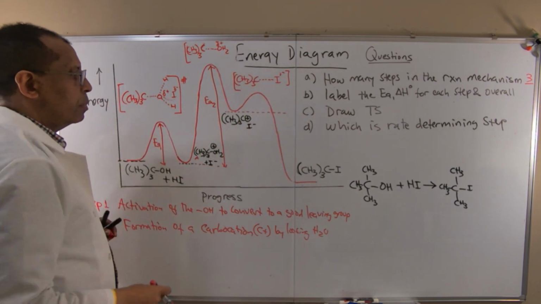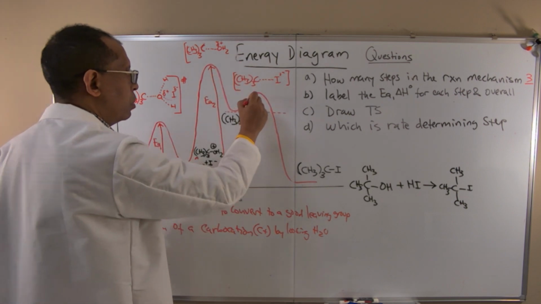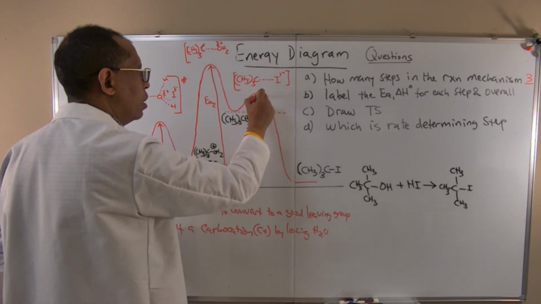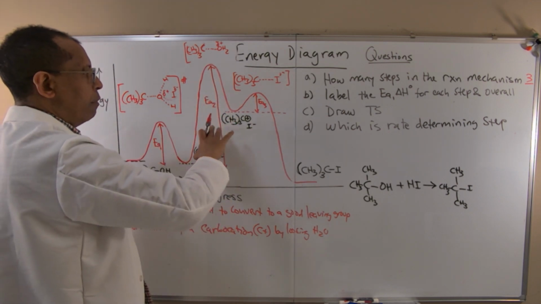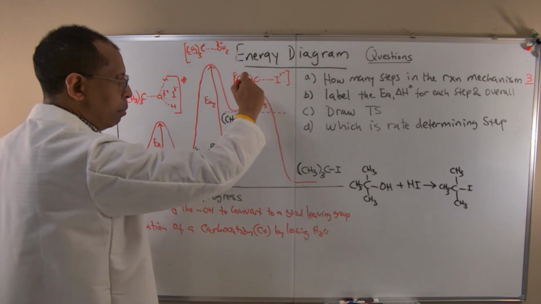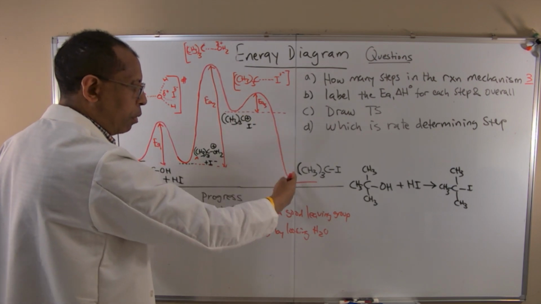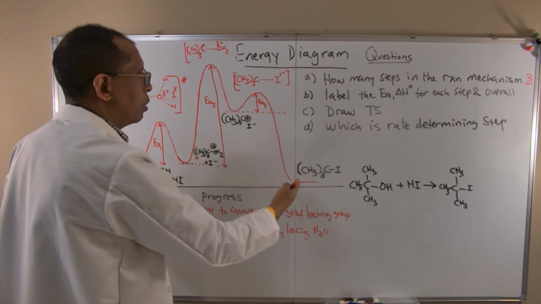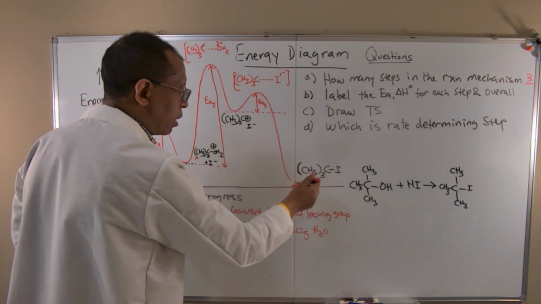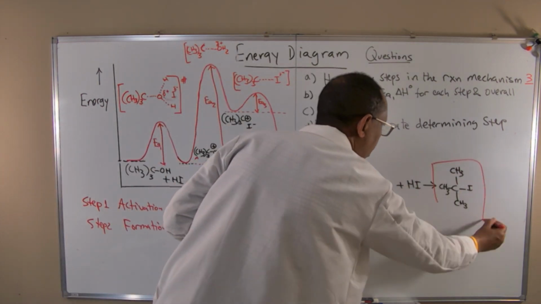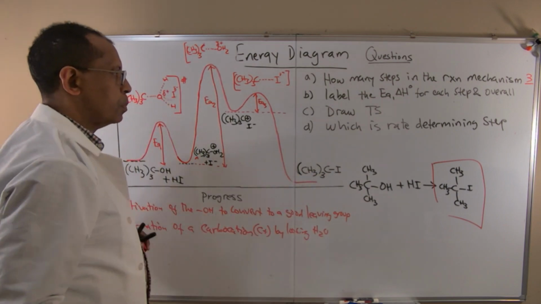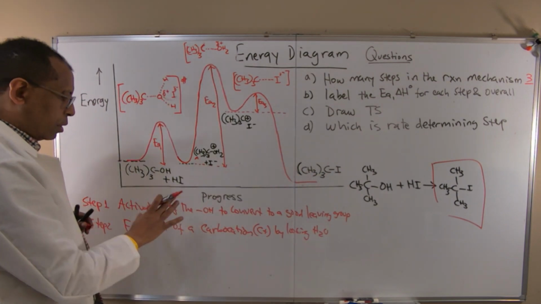That would go through activation energy, EA3. Now, once you have that nucleophilic attack, immediately the enthalpy of the reaction would be low and it forms a stable product. That's what we have here. This is a stable product at the end. So there are 3 steps.